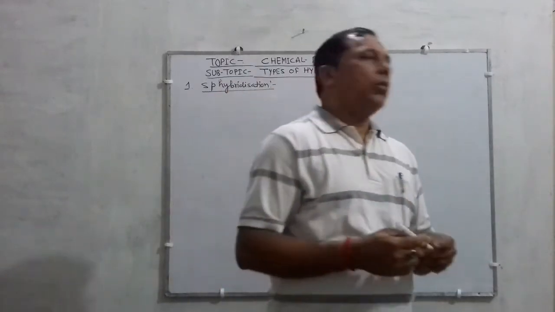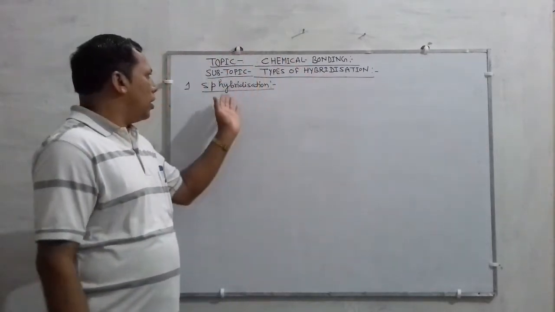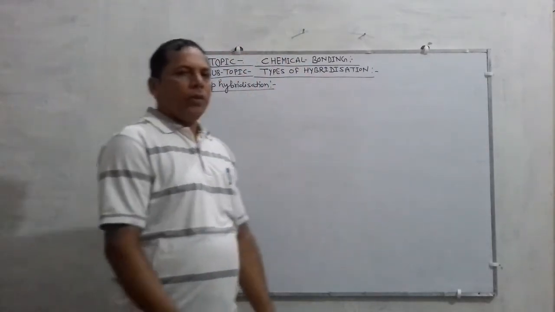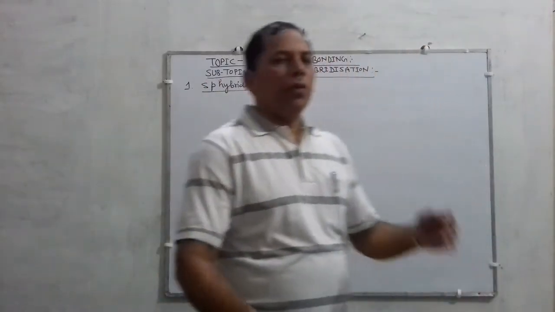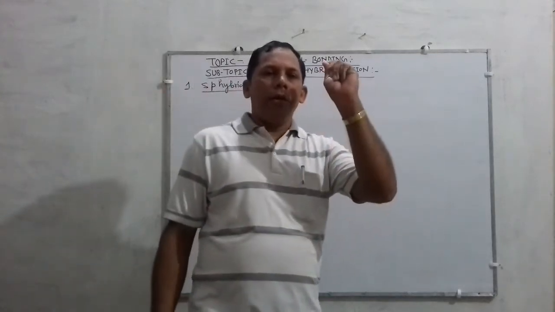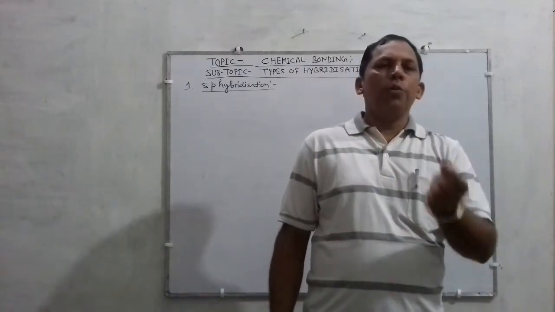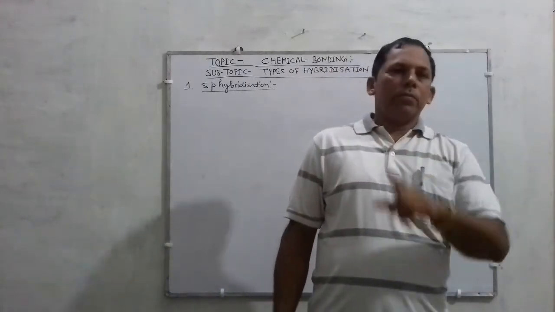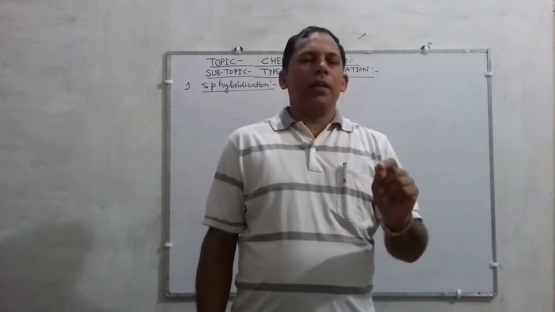Alright, now come to the point: what is sp hybridization? Listen sincerely. sp hybridization involves the mixing of one s orbital and one p orbital, resulting in the formation of two new orbitals which are of equivalent energy.